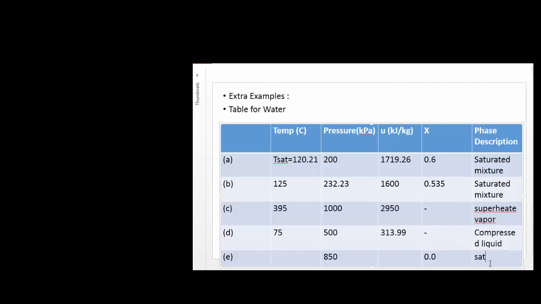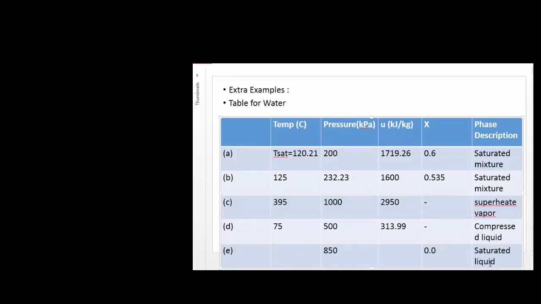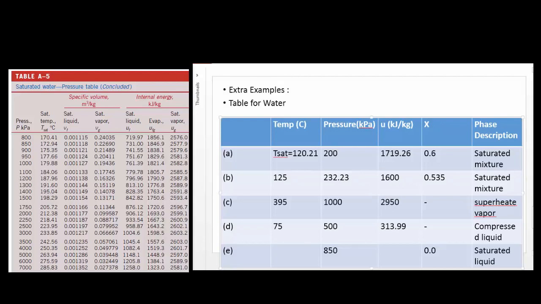So this is saturated liquid. So you can directly go to table A5 and fill in the blank. At 500 kilopascal, find the temperature, must be the saturation temperature, 172.94. While the internal energy is the UF, the internal energy at the saturated liquid, 731.00.